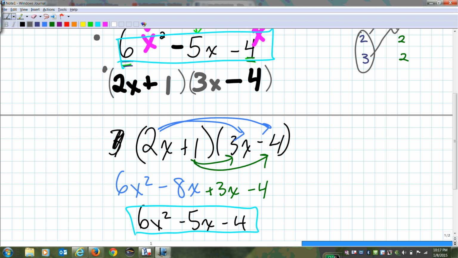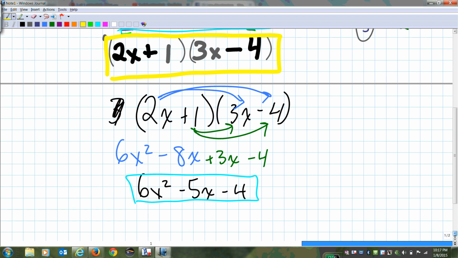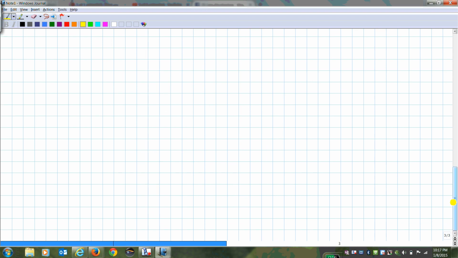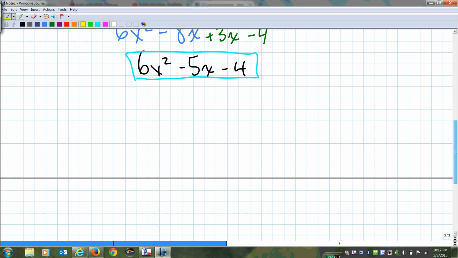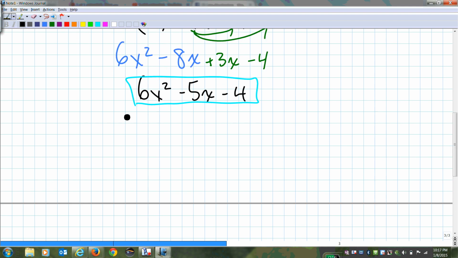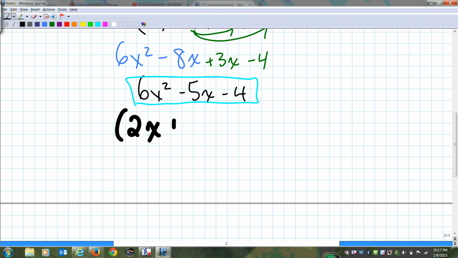Now it gets a little annoying because remember, technically that x is a variable. So we're going to write that 2x plus 1, parentheses 3x minus 4 down here again. That's 2x plus 1, 3x minus 4.